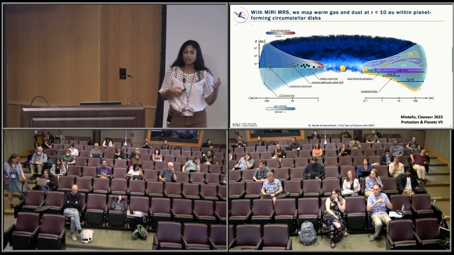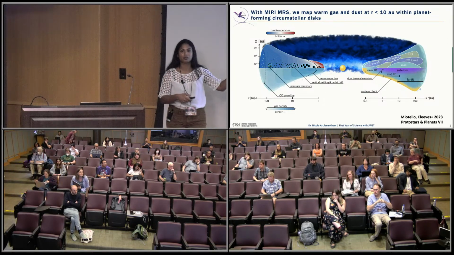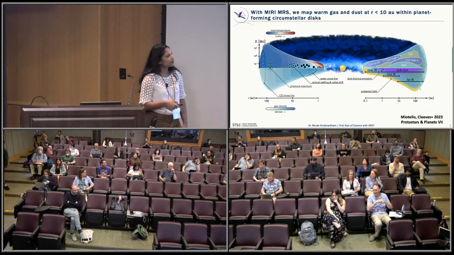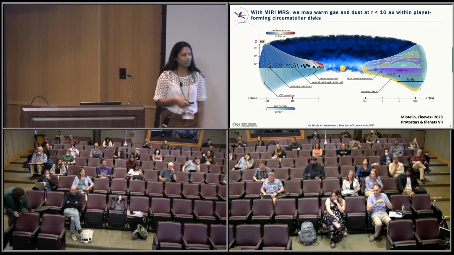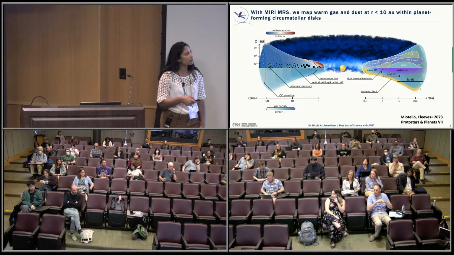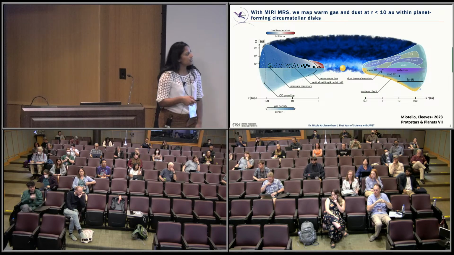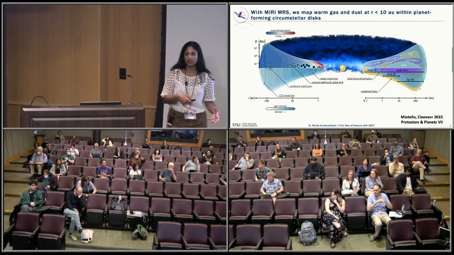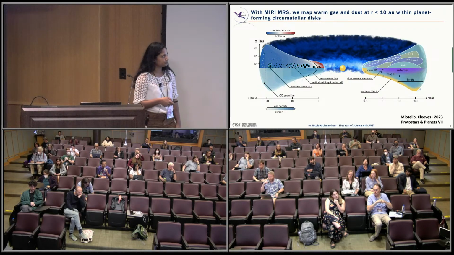Now, when we look at cartoons of protoplanetary disks, there's a reason why we see them usually from this nice edge-on view with a slice through the middle. And it's because when you look at a disk edge-on, you can use a combination of different observational tracers to map the material in the disk from the very warm surface layers where we see warm gas, down to the disk midplane where we'll see ices and more solid material that will actually form planets in the midplane of this disk.